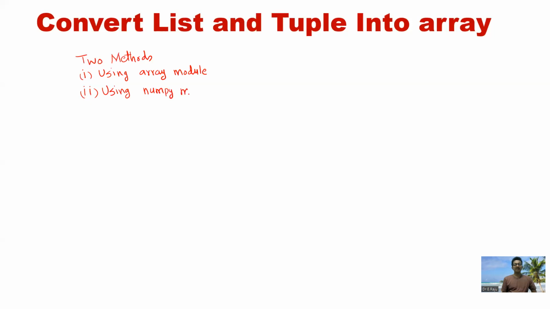In this also, we have a method called array, which converts a list or tuple into an array. So we'll talk about these two ways of converting list and tuple into array. Okay, so we'll start with the first mechanism using the array module.